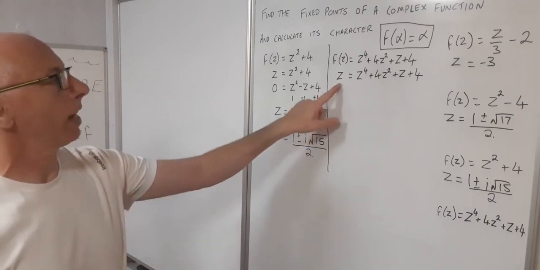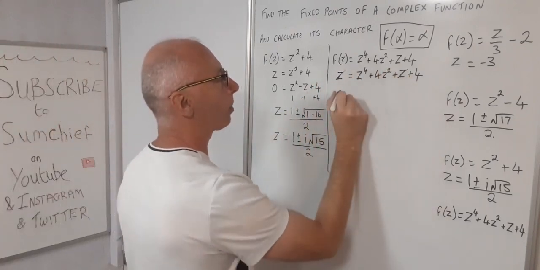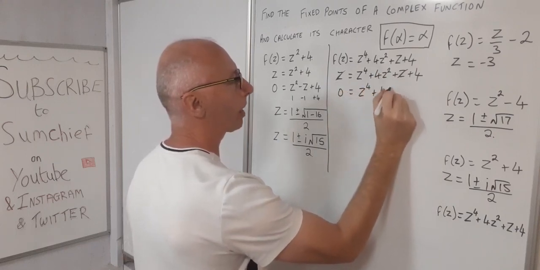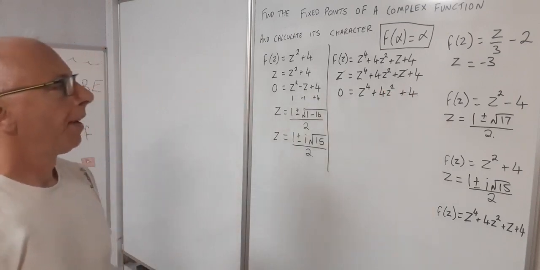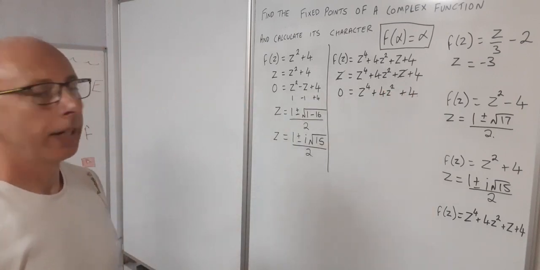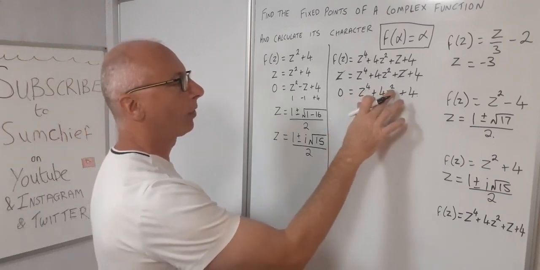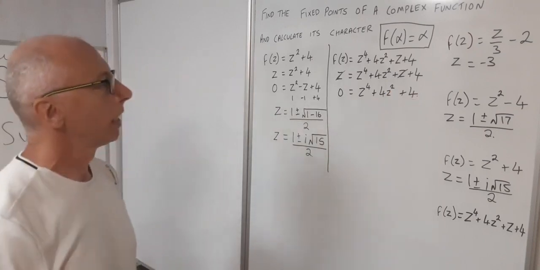Okay, so z and z here, these can cancel out. So that's then going to leave us with 0 equals z to the 4 plus 4z squared plus 4. Okay, how are we going to solve that? So luckily we've got z to the 4 and z squared and a constant.